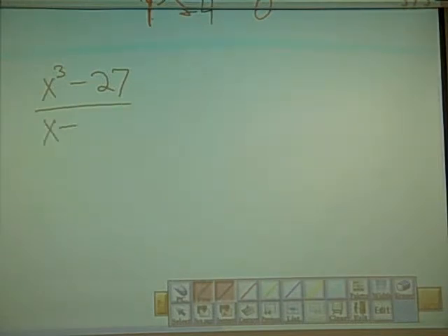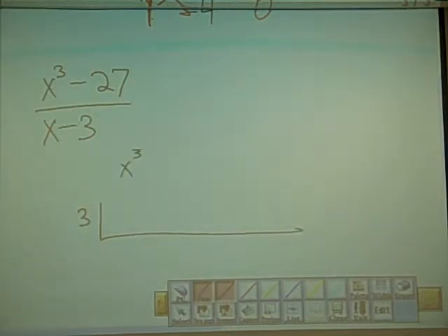And here we have x cubed minus 27, and that's over x minus 3. Okay, so our divisor is going to be 3, the opposite for x minus 3.